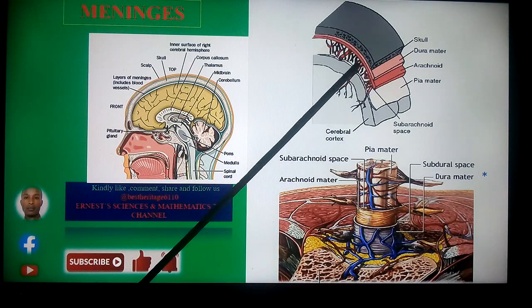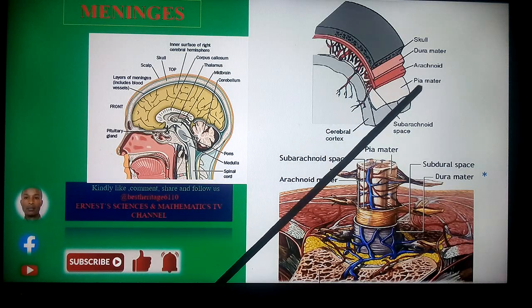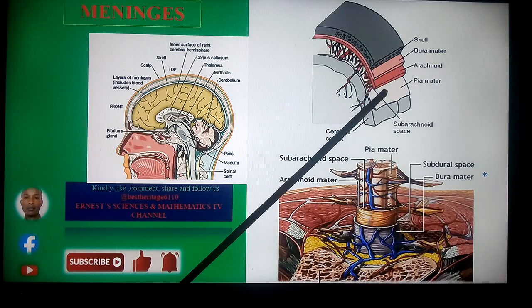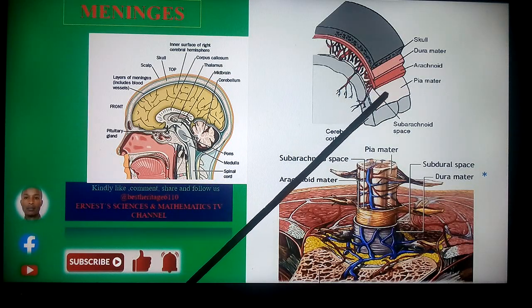Next, the pia mater is a thin, transparent layer that covers the brain.